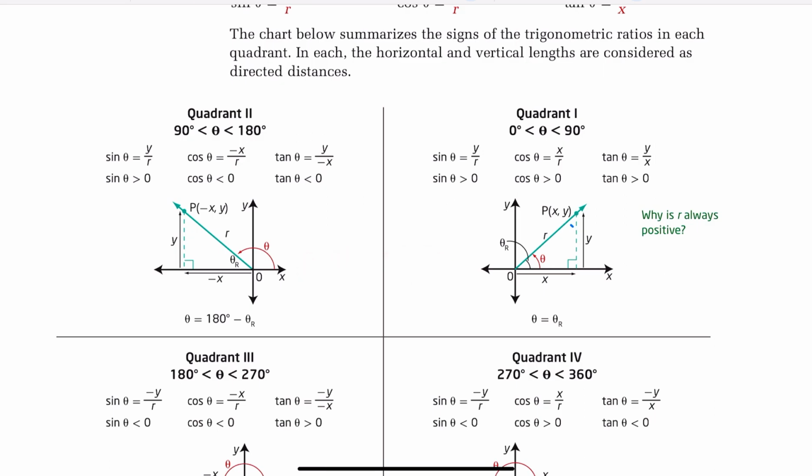We can name these theta 1 and theta 2. So theta 2 and theta 1 both have the same sine, but they have opposite cosine.